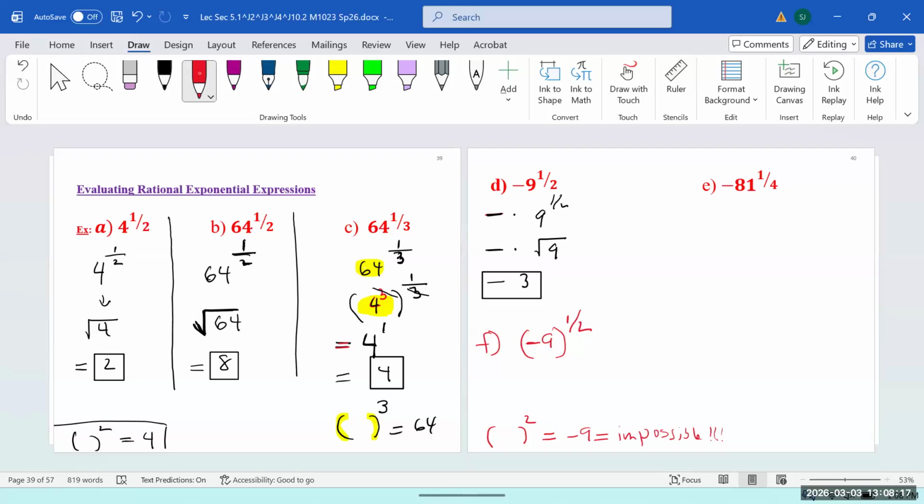So the answer for this one is it does not exist. This is something unrealistic. This is something that is not possible in our real life. So that's why you have to be very careful. What is your base? Is it negative or is it positive?